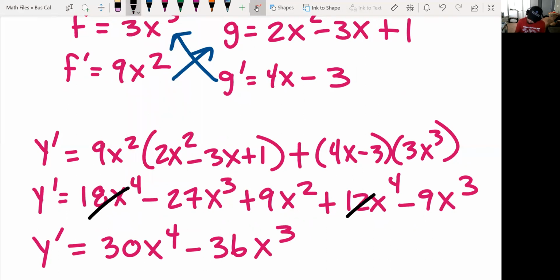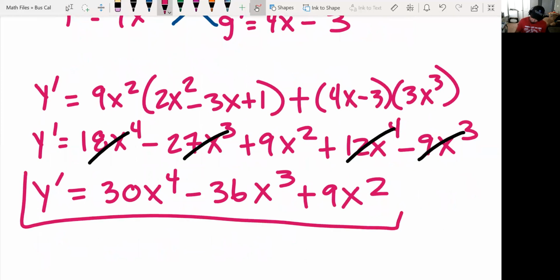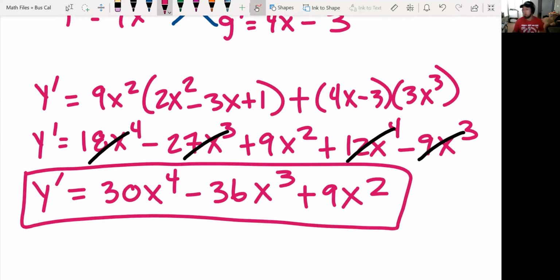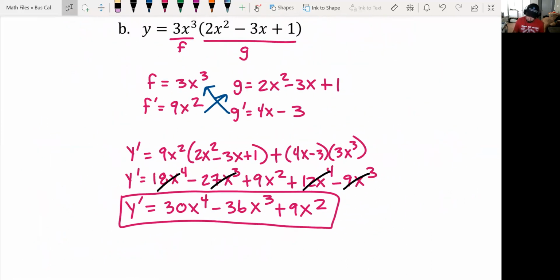Gone, gone, gone, gone. Left with 9x squared. All right. And there it is. All right, that's product rule. Let's keep going.